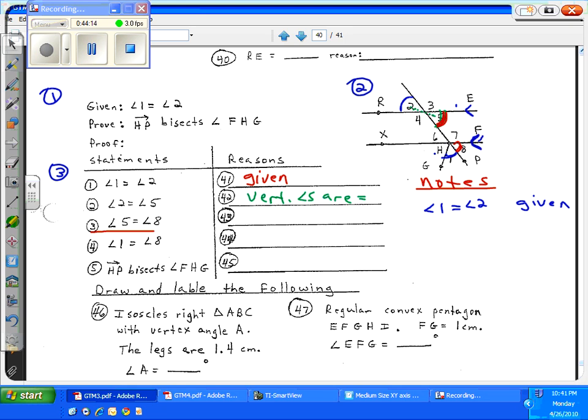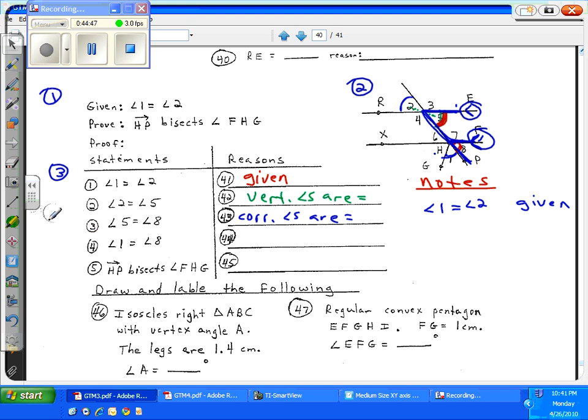If those lines are parallel, angle 5 and 8, if you notice, make the letter F. Those are corresponding. The arrows say parallel. We can say that those are equal because corresponding angles are equal. If 2 lines are parallel, then corresponding angles are equal. And then we go to the next statement.